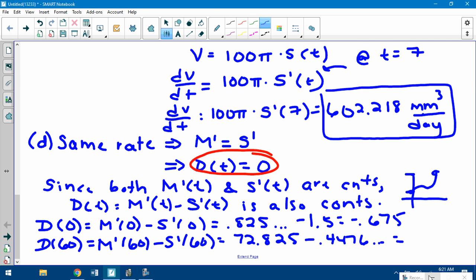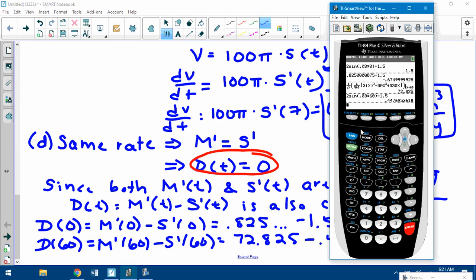And when I subtract those two, oops, wait a second, that was plus 1.5. Knew that sounded off.